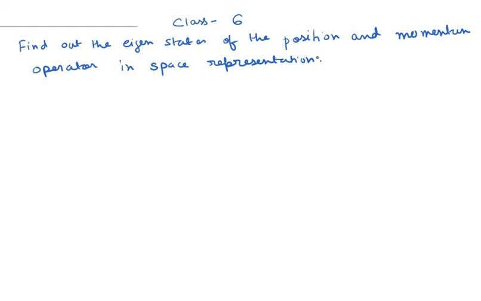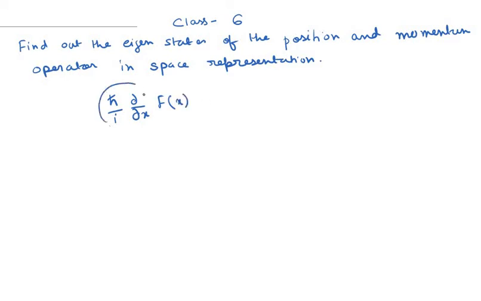Let us say that we have the momentum operator. The momentum operator in real space representation is h bar by i del by del x, and I have to find the eigenstates of this operator. Let us say the eigenstates of the momentum operator are represented by f(x).